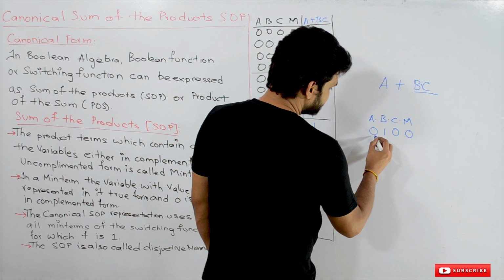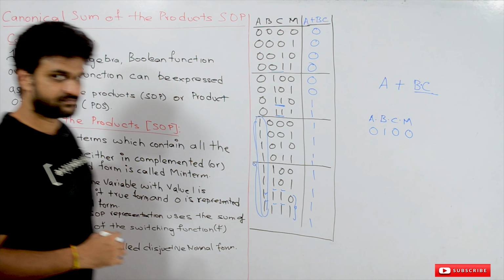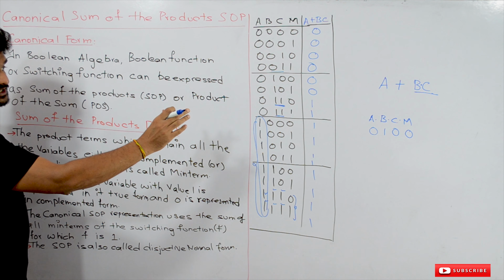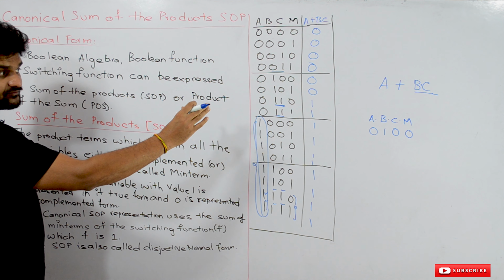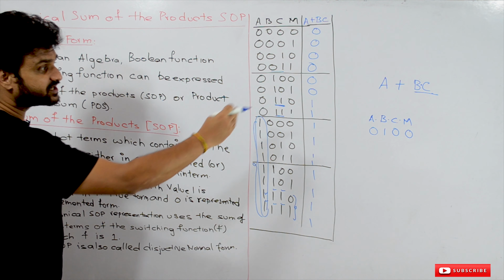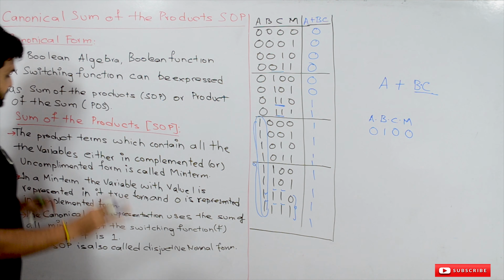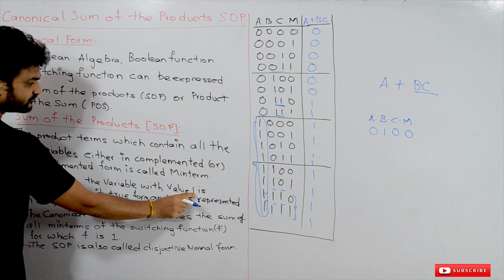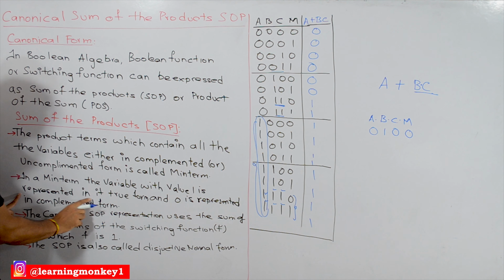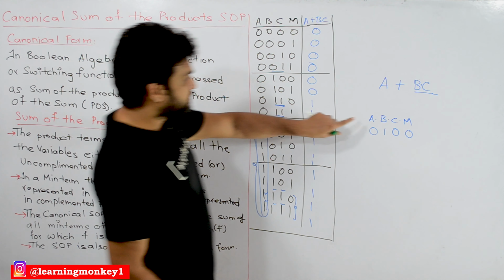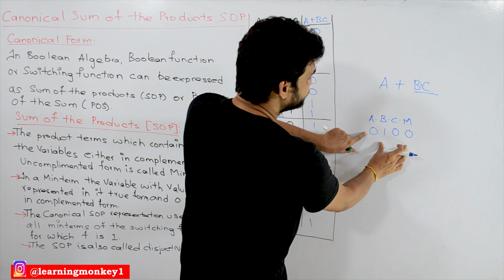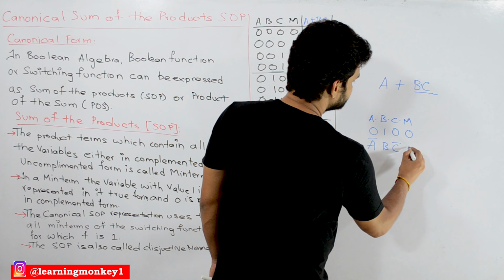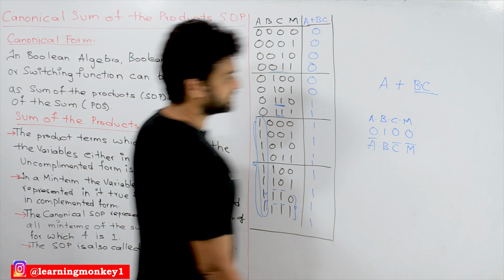So what is meant by complemented and uncomplemented form? That we will try to understand. That is what we call a min term. The min term is represented with all the variables, and some are in complemented form and some are in uncomplemented form. So the representation of this min term is A complement, B, C complement, M complement.